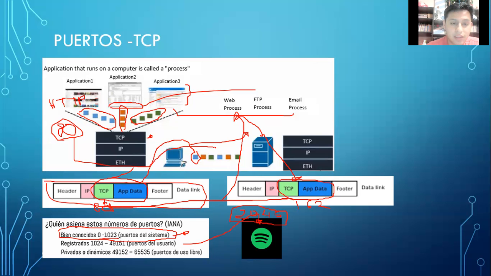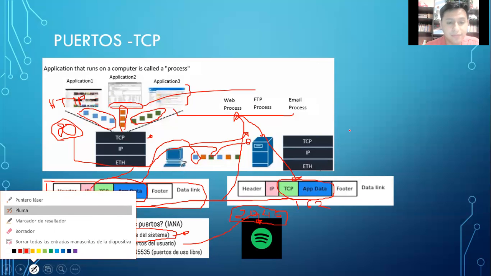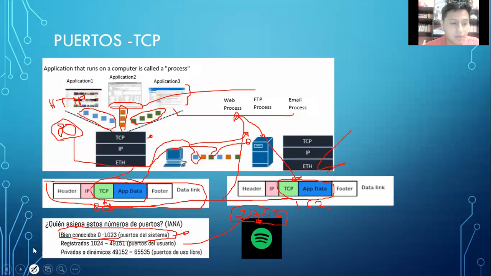The server reads the TCP header, reads this number and recognizes what the process is. The process is that. So this is all.